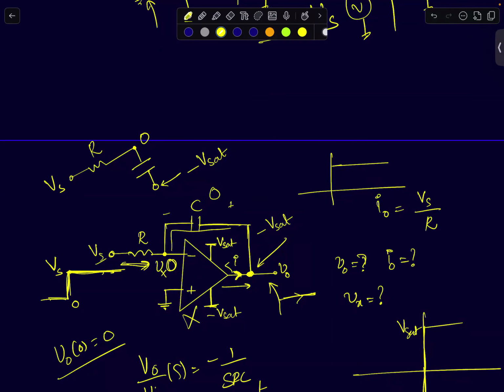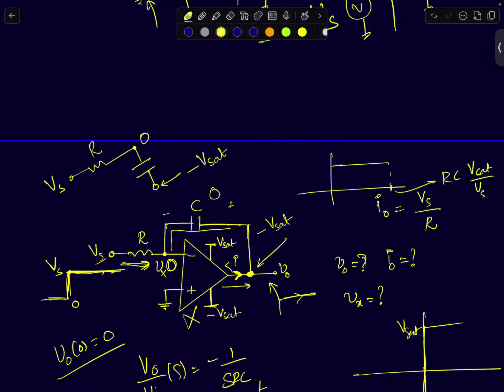Will it immediately come to 0? The time instant at which this is happening is RC into Vsat upon Vs. Will it immediately come to 0? That's right. Capacitor will discharge.